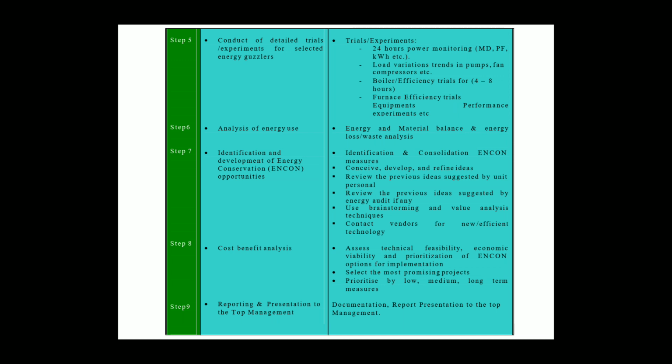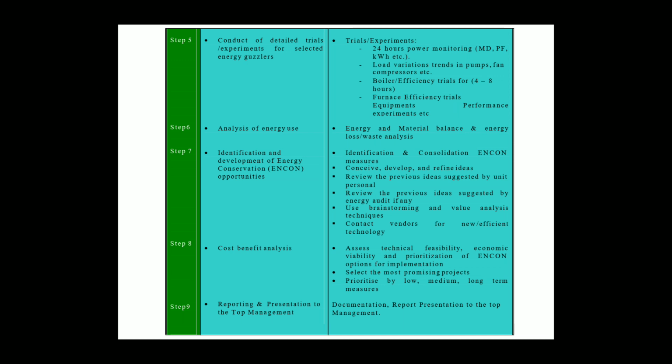Then step 6 is the analysis of energy use, energy and material balance and energy loss or waste analysis. Then step 7 is the identification and development of energy conservation, that is ENCON, opportunities.